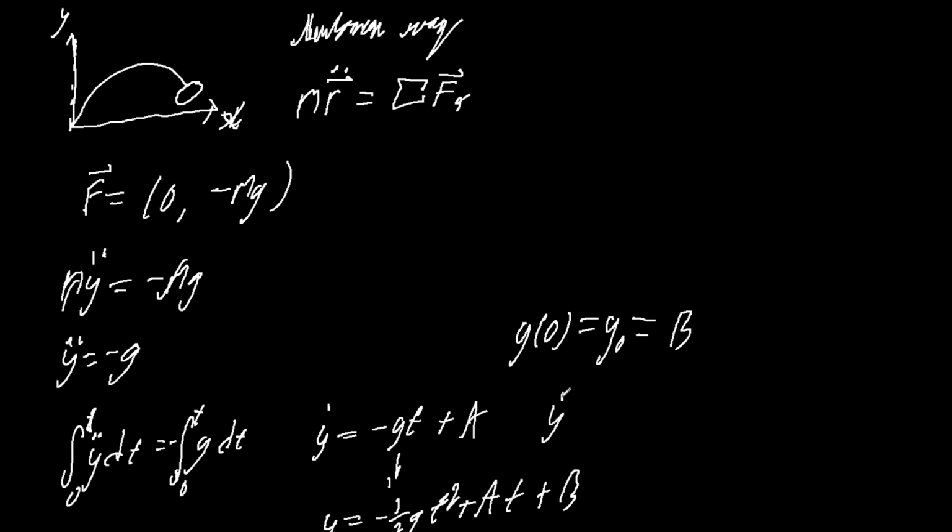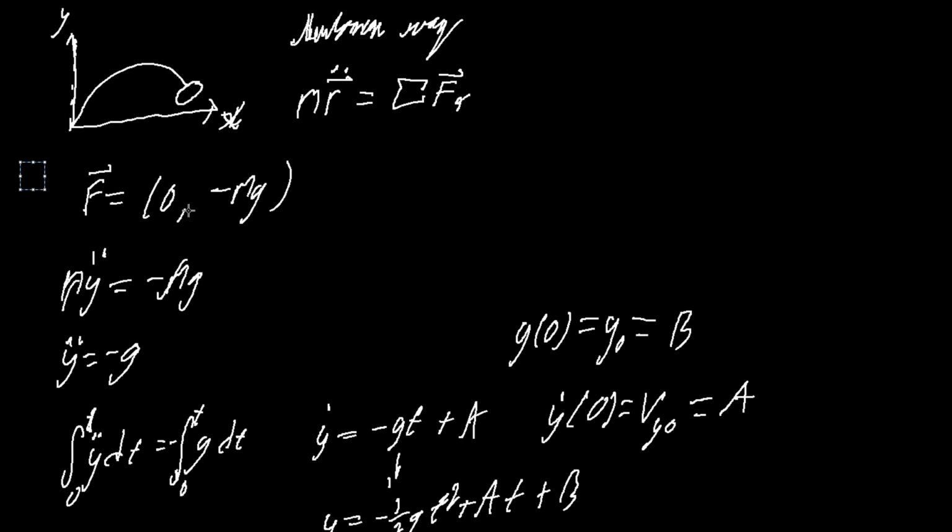And we want the speed of y at time equals 0 equal to some specific vy naught, and you're going to determine that this is actually just going to be a. So the constants are really easy to define, but this is the physical interpretation of the constants. Alright, so that right there is the Newtonian way.